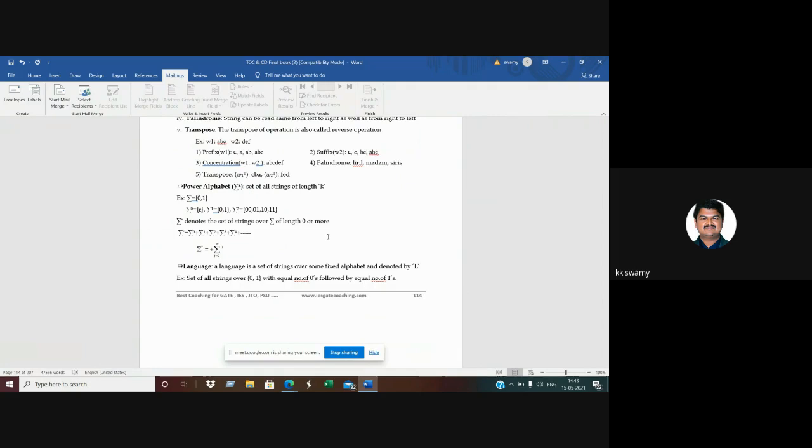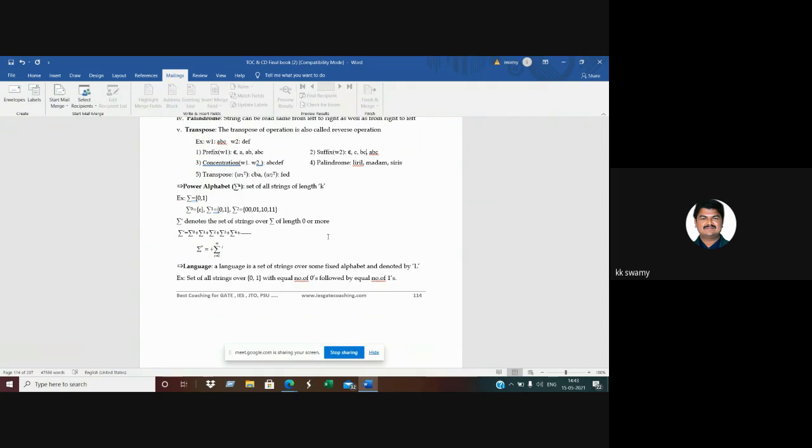What is an example for a finite language? Suppose any combination of zeros and ones where the string length is not more than 3 characters. How many possible values are there over 0, 1? Epsilon is there, 0 is there, and 1 is there.